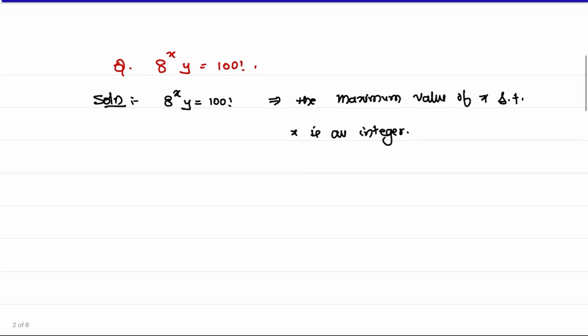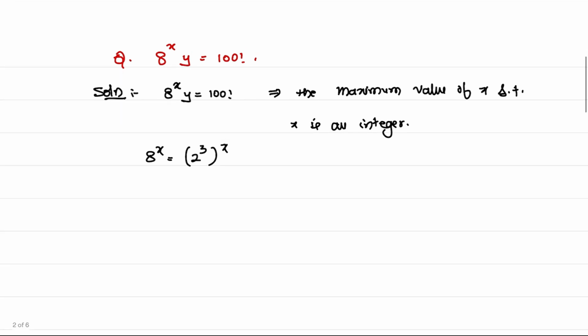To find that, 8 to the power of x is equal to 2 cube to the power of x. 2 cube is nothing but 8. That is equal to 2 to the power of 3x. When we find out the value of 3x, then we will be able to find out the maximum value of x.